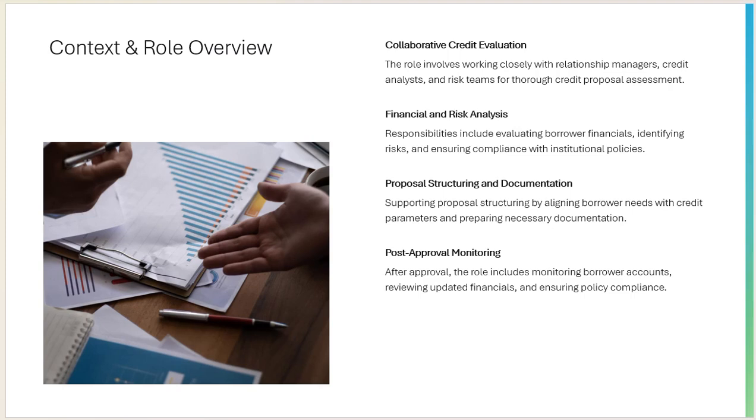Here, let's understand collaboration, credit evaluation, financial risk analysis, proposal structuring and documentation, and post-approval monitoring. In a previous role supporting the end-to-end credit proposal process, responsibilities typically encompassed direct collaboration with the relationship manager, credit analyst, risk team, and operations unit to ensure comprehensive evaluation and seamless workflow execution.